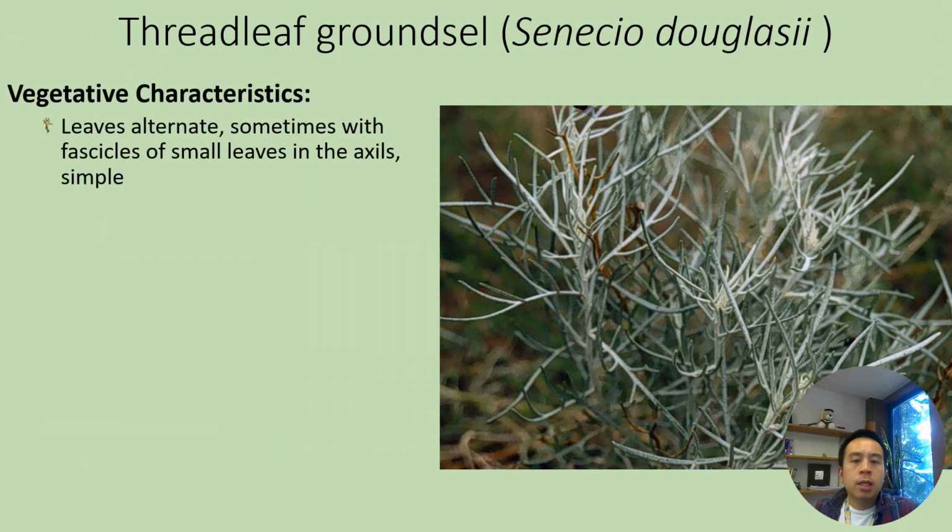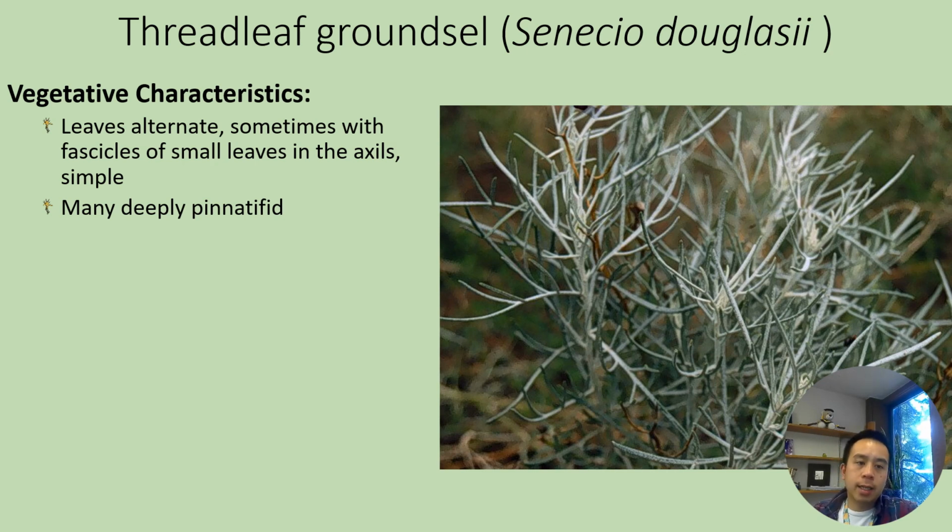Vegetatively speaking, Senecio flaccidus or threadleaf groundsel have leaves that are alternate, which sometimes also have fascicles, which again, if you don't remember what a fascicle is, it means there's a bunch of small leaves coming out of this one singular spot. Many of the leaves are deeply pinnatifid.